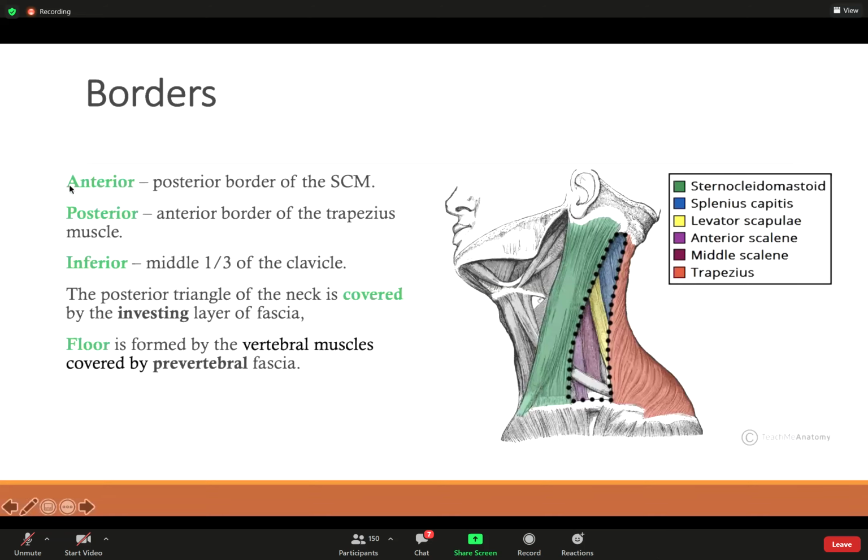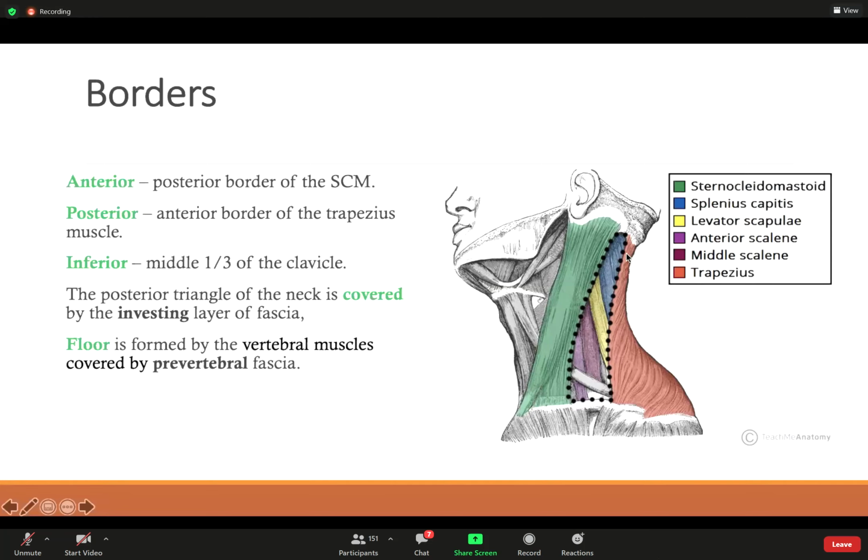So first of all, the anterior boundary is basically the posterior border of the sternocleidomastoid muscle. This is the sternomastoid muscle. If we divide the muscle into an anterior border and a posterior border, the posterior border is related to the posterior triangle, versus the anterior border, which is related to the anterior triangle.